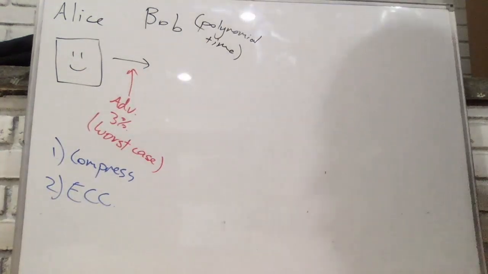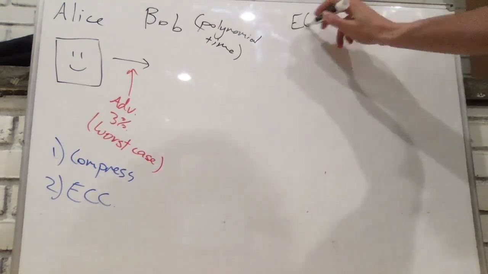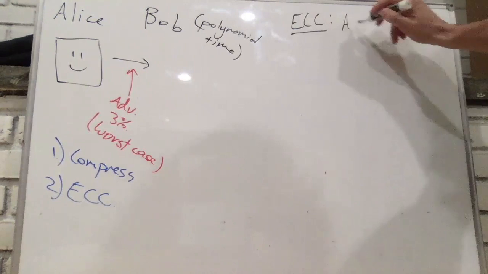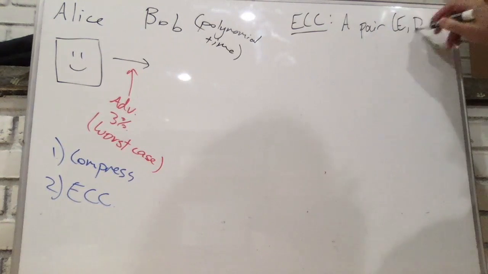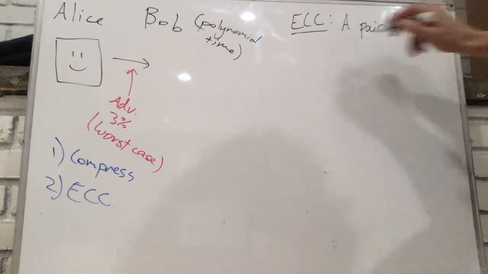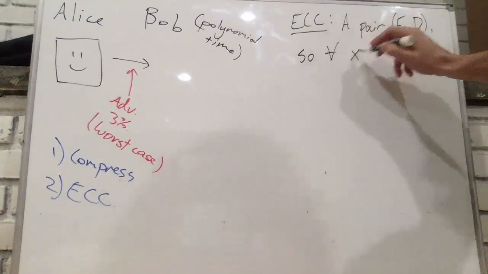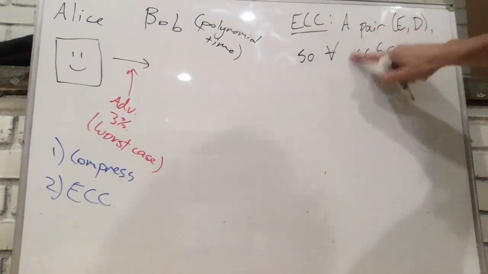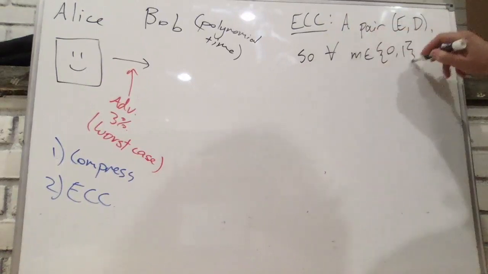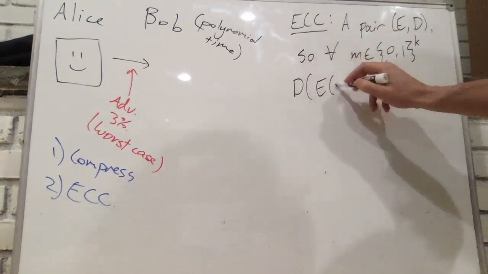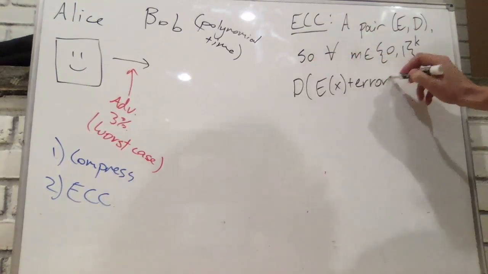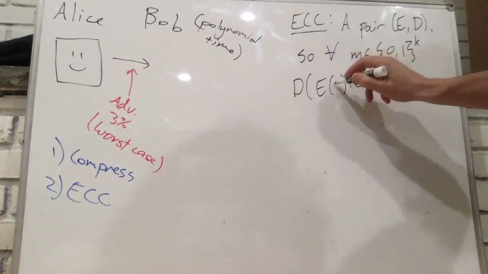So let's be a little more concrete about what we mean by an error correcting code for an uncompressed message. So first let's just write down the definition for a normal error correcting code in this setting, right? So an error correcting code is going to be a pair of an encoding algorithm and a decoding algorithm, so that for every message, let's call it M, when I decode the encoding of the message with some errors, I get the message again.